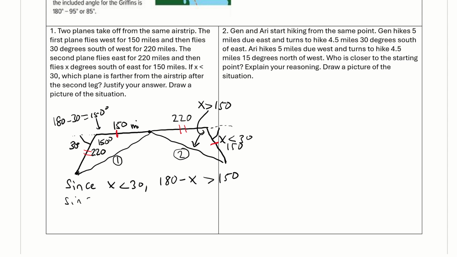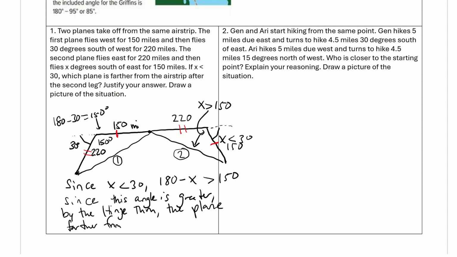And since this angle is greater, by the Hinge theorem, the plane farther from the airstrip is plane number 2.